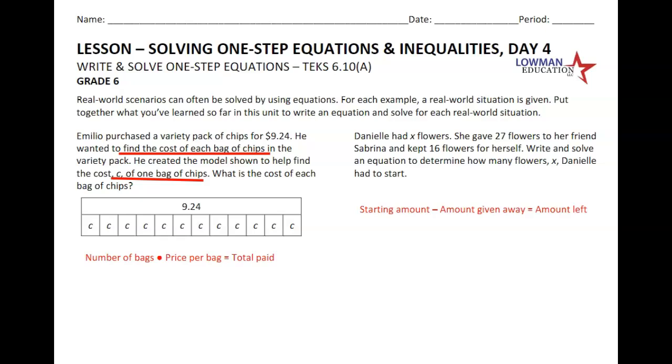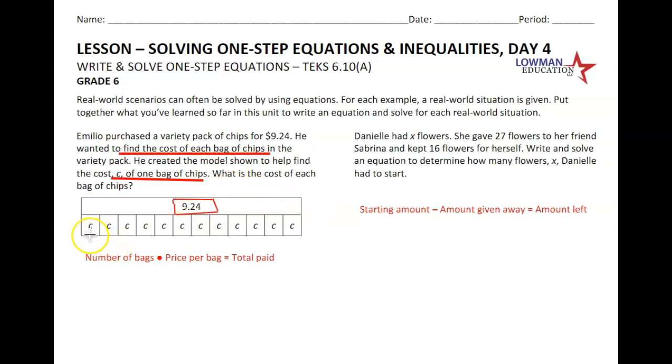So if he bought a variety of chips, and you know that the total was $9.24, that is why he put it right here as the total for all of the chips. And now you don't know what the cost of one bag of chips is, but you do know that the total was $9.24.